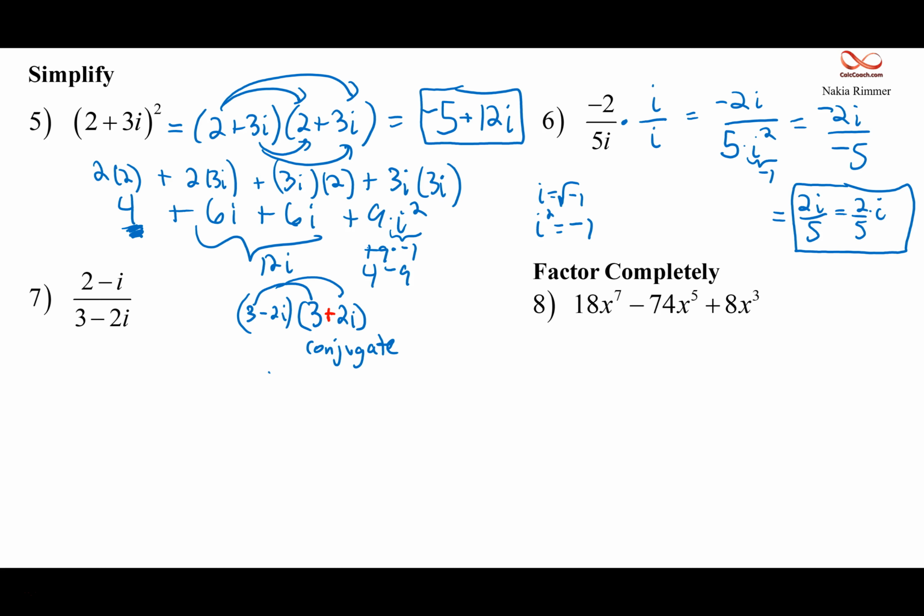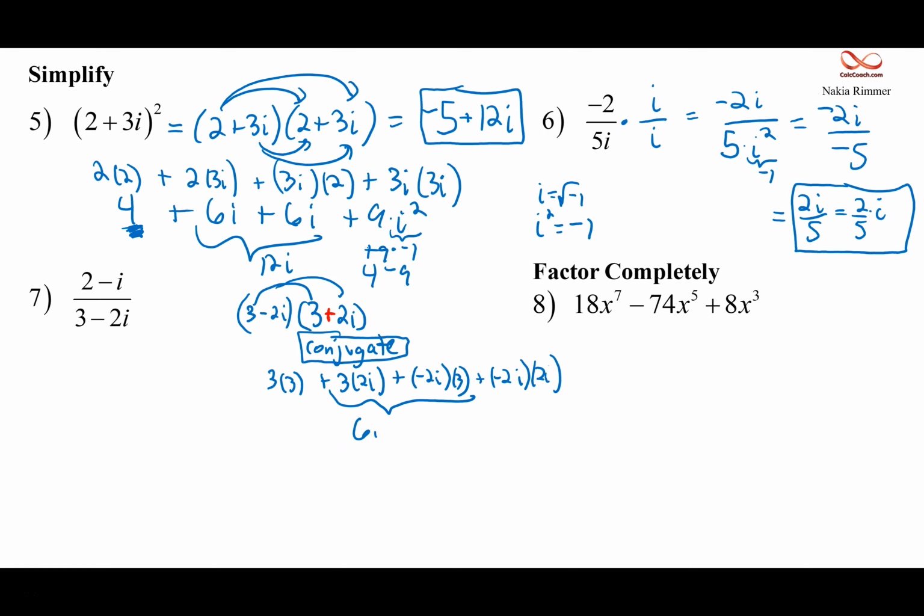We get the 3 times the 3, the 3 times the 2i positive, the negative 2i times the 3, and then the negative 2i times the 2i. So multiplying by the conjugate will accomplish the goal of eliminating the imaginary numbers.